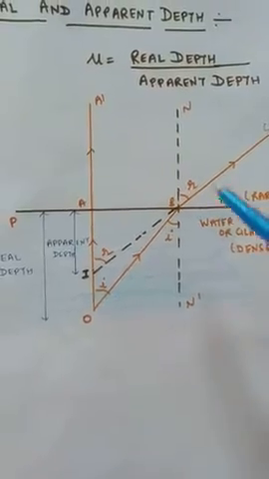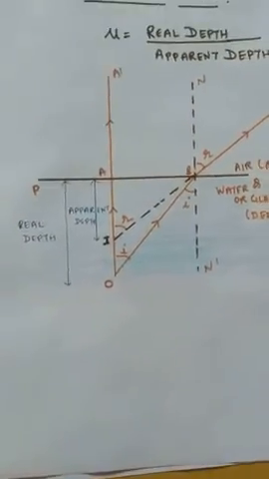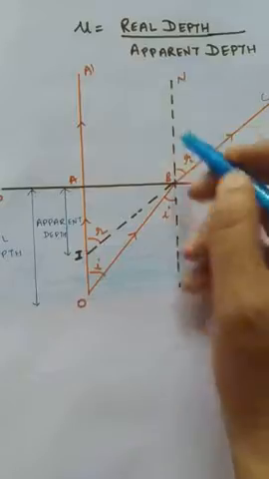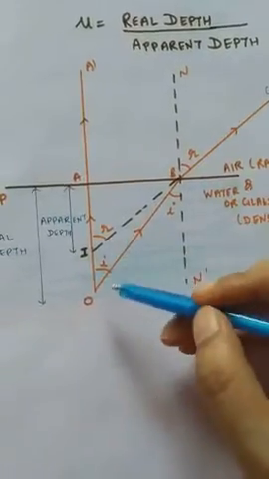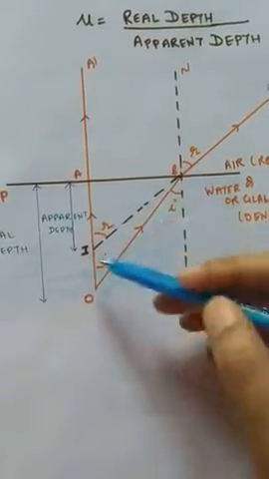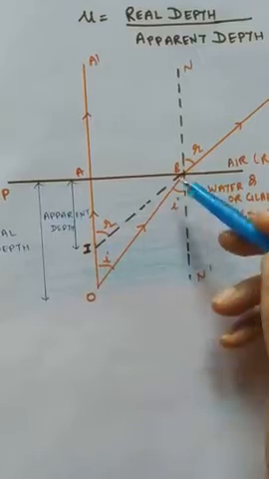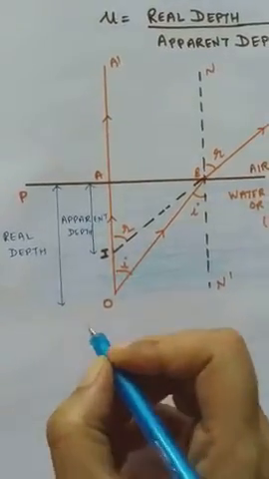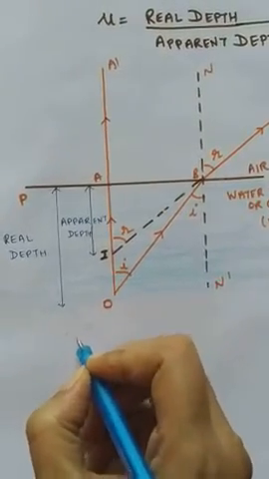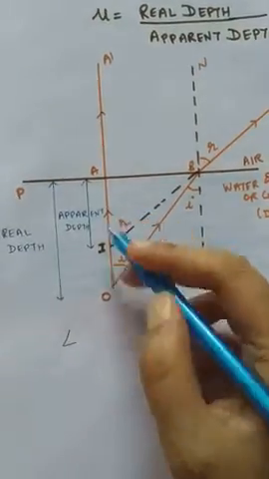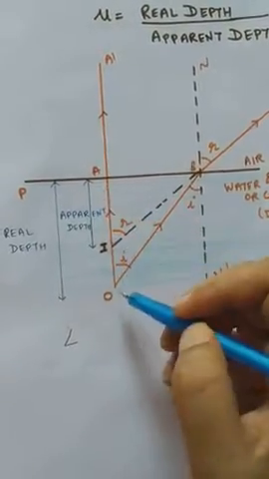I hope this is clear to you. So directly I am writing that angle CBN and angle AIB are equal because IB is a transversal line. First, for the right side, I am writing this angle AOB.